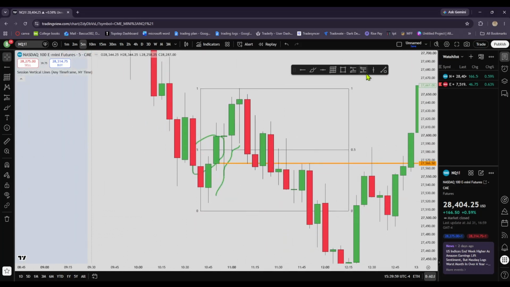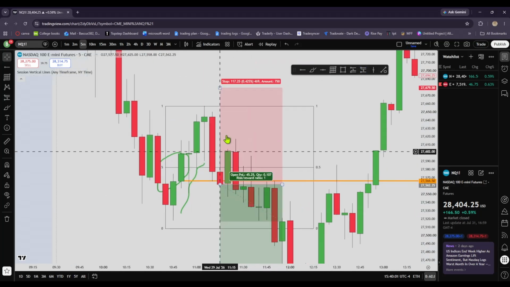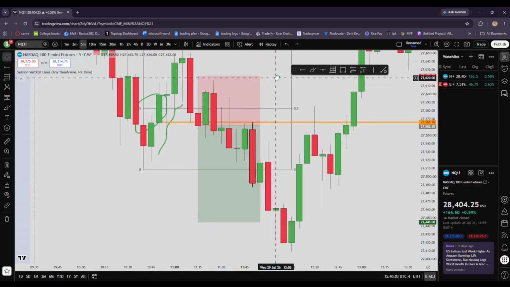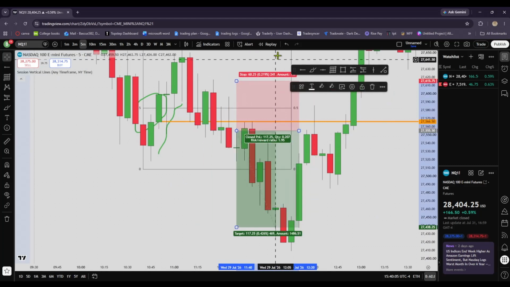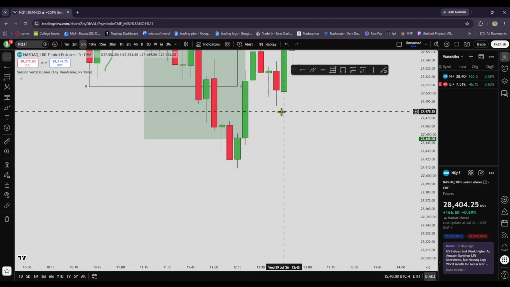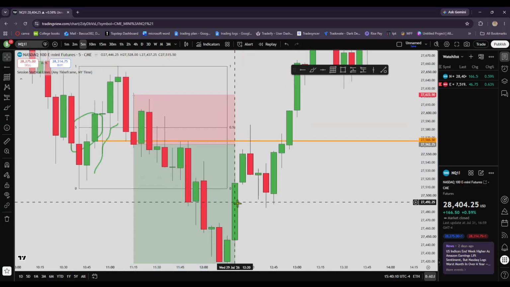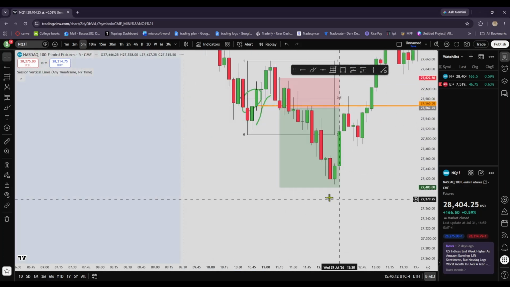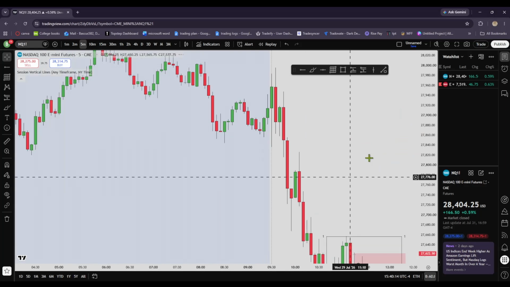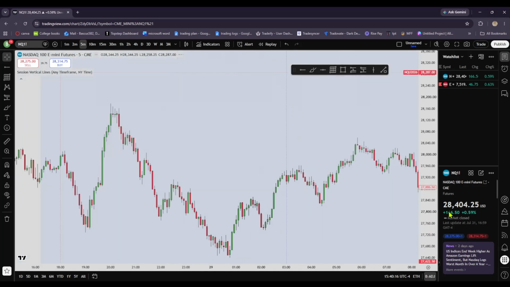We get that break of structure. At that point, we would enter the trade. And now look, many points, guys, right? Look at that, all the way down to here before we went back up and would have taken out our stop loss. Sorry about that. So it's pretty much how you could use it both ways.